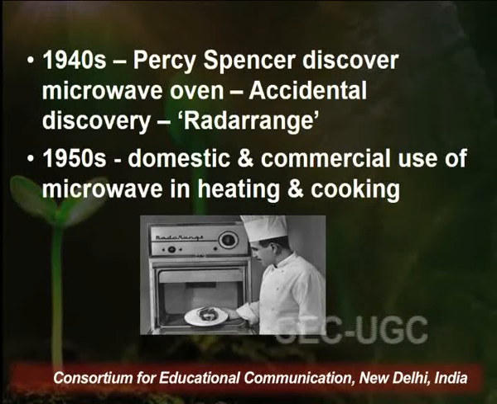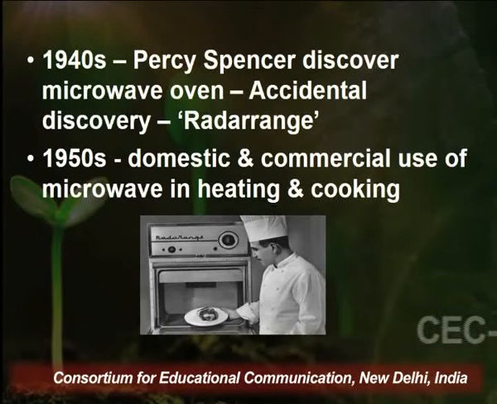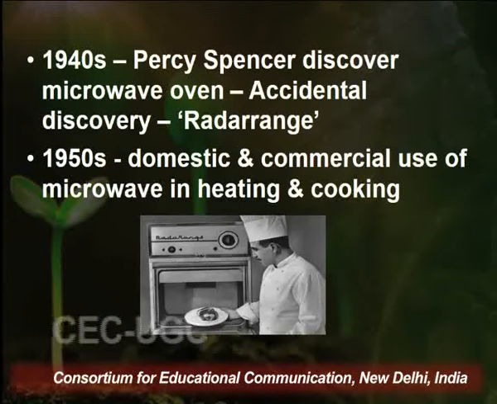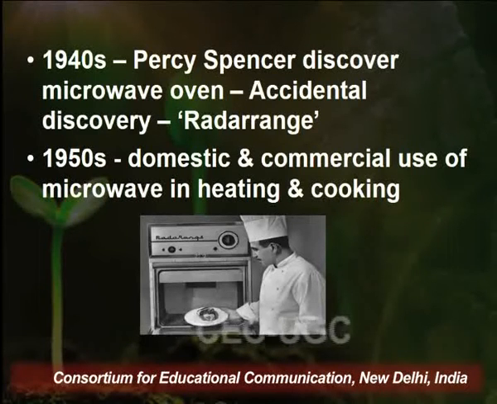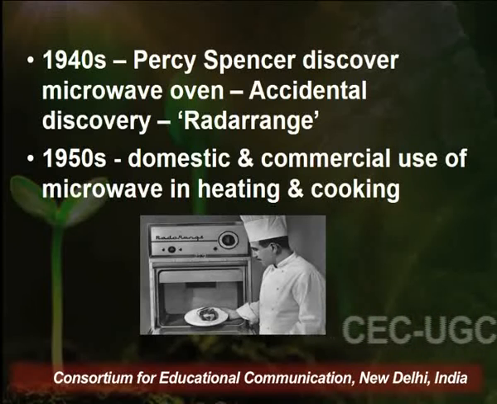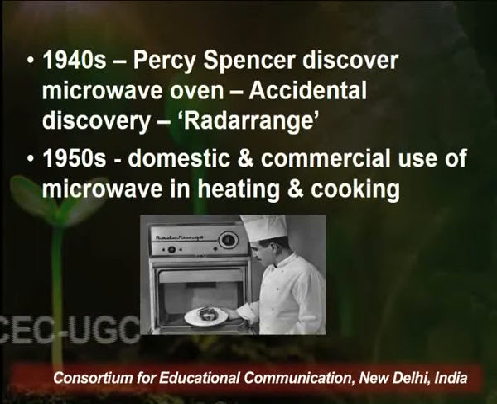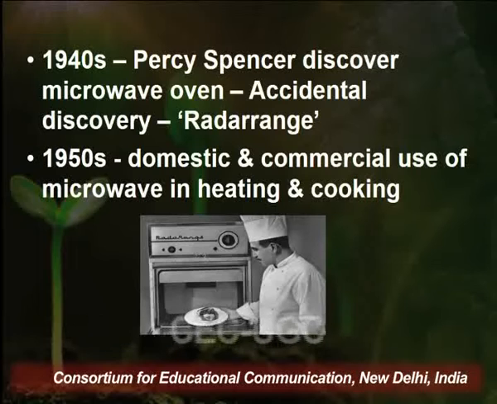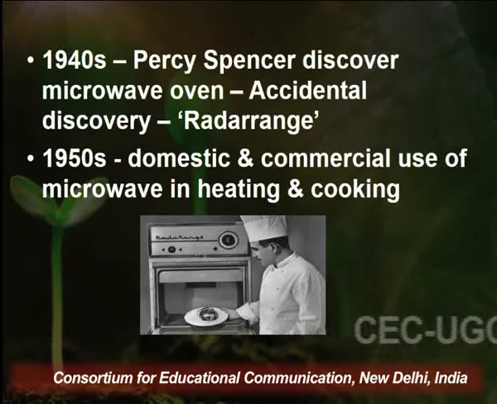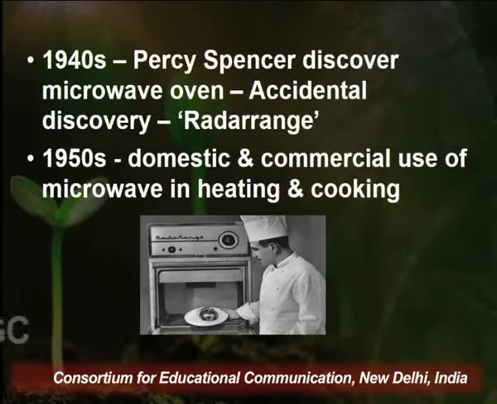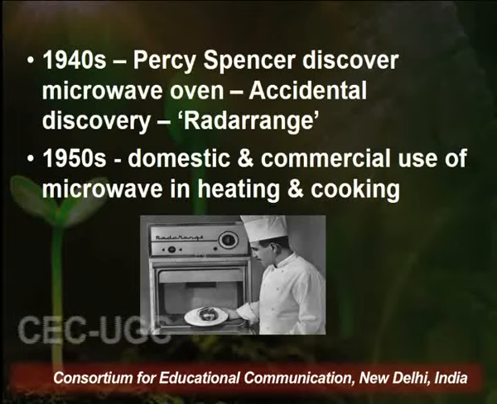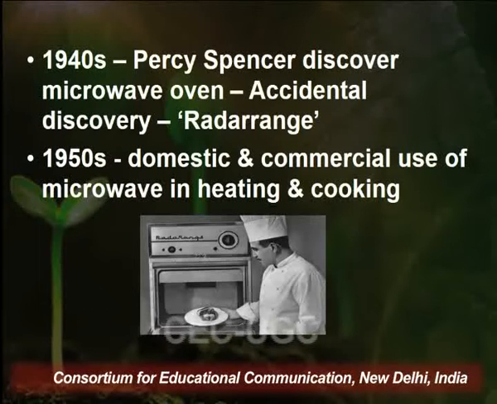He had a peanut bar in his pocket, and while working on that magnetron to improve the radar frequencies, he accidentally found that the peanut bar in his pocket was completely melted. He was quite intrigued with this observation, and he believed that it had something to do with the magnetron or the microwaves generated by the magnetron.